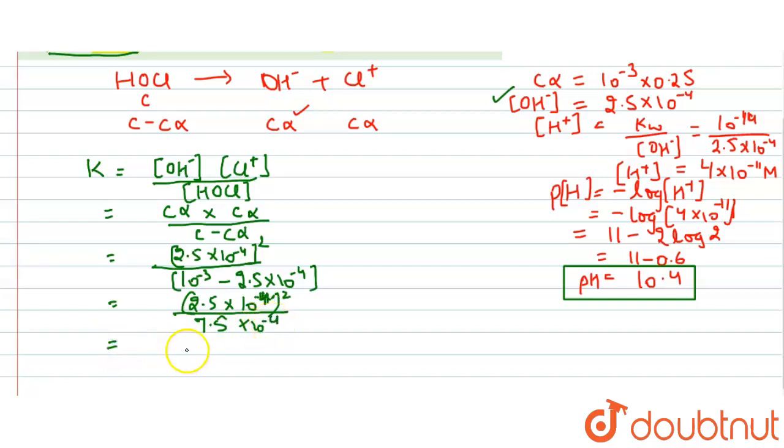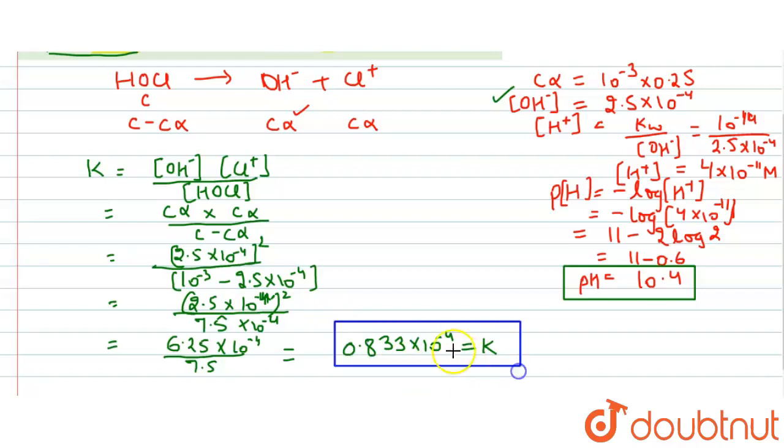Okay, after solving this, we will get 6.25 into 10 raised to power minus 8 divided by 7.5 into 10 raised to power minus 4, and the answer comes out as 0.833 into 10 raised to power minus 4, which is the value of K. So our dissociation constant is 0.833 into 10 raised to power minus 4.